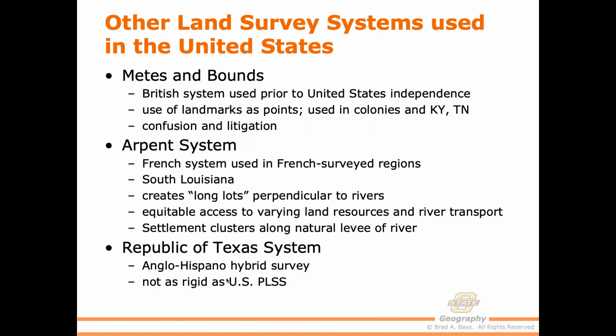But it also allowed them to claim land of different quality and land that had different purposes. So they claimed land close to the river, which was the high ground that really wasn't in danger of flooding because it was on the natural levee. And then they would utilize fields beyond the natural levee.